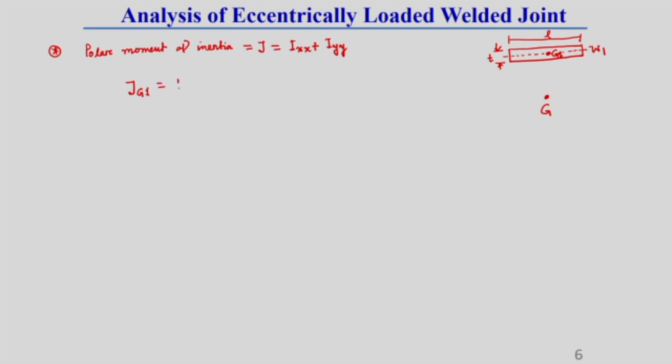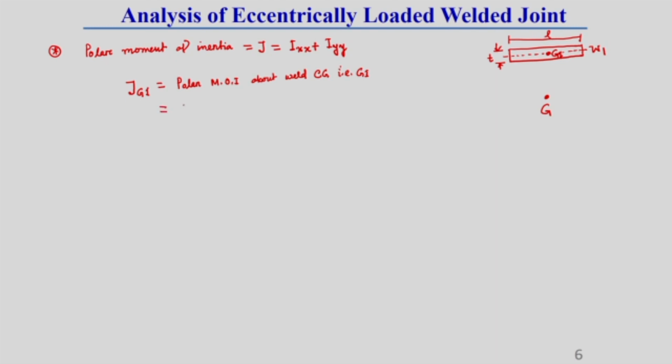So, here I am finding out that polar moment of inertia is equal to polar moment of inertia about weld CG. Let this weld CG I am representing here, you see G1. So, G1 position, that I am writing here.